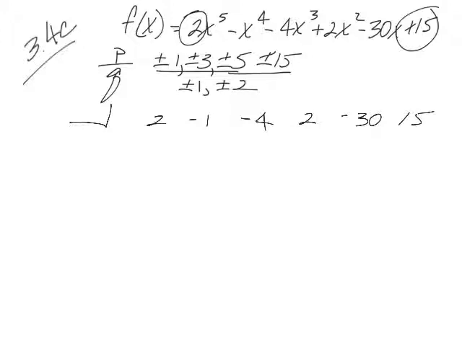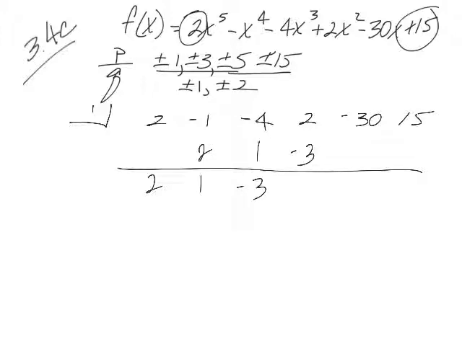The book tried 1 and it didn't work. If you look here real quick as I add all these together, obviously I'm not going to get negative 15 here to make this a 0. So I know that isn't going to work.